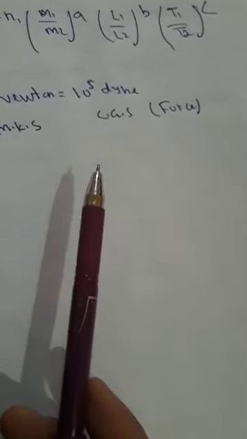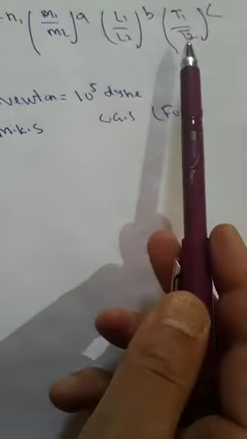First of all, when we go for conversion of Newton into dyne, we should know the values of a, b and c. How can we get a, b and c? We should calculate the dimensional formula of force.